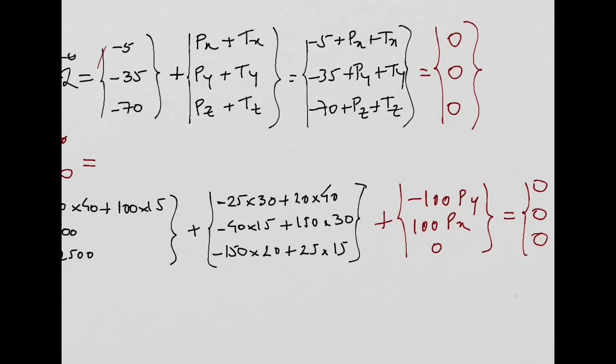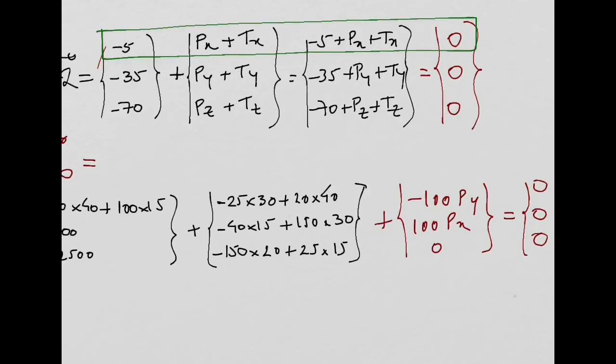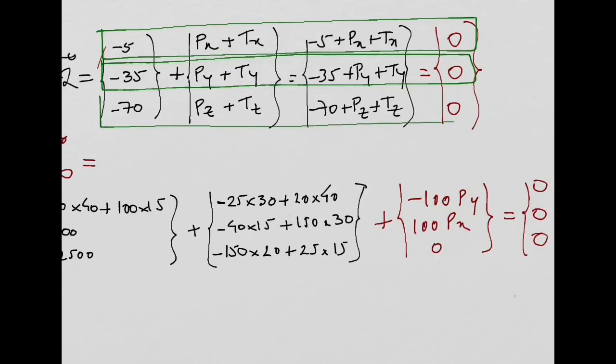And then what is going to happen is, look at this. First equilibrium equation, summation of forces in the x direction equal to 0, is this equation you have. Second equilibrium equation is summation of forces in the y direction equal to 0. Third equilibrium equation is summation of forces in the z direction equal to 0.